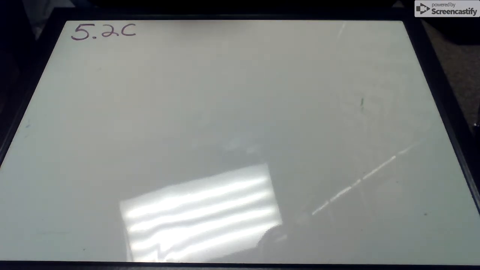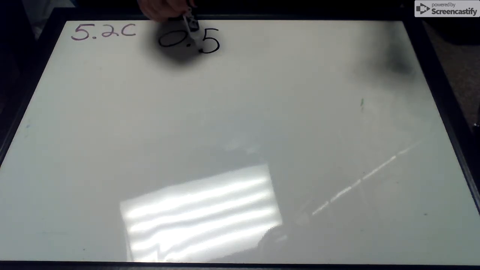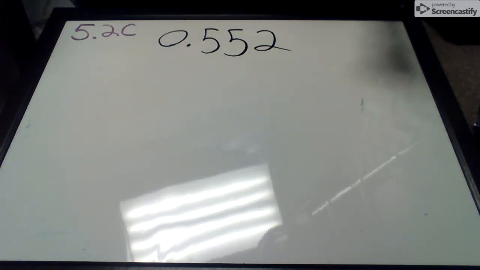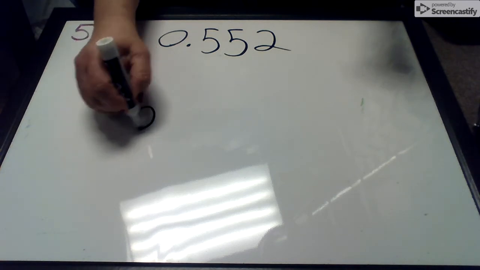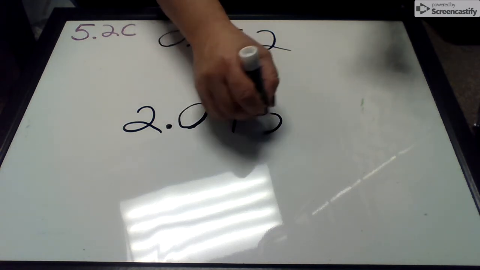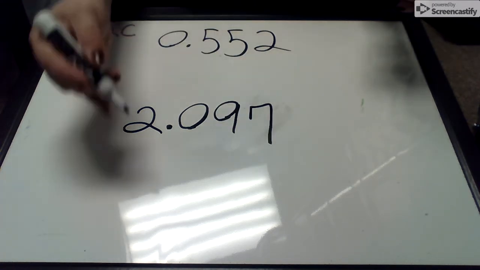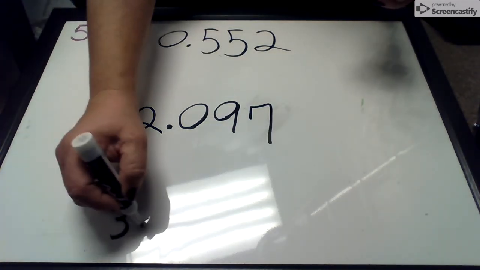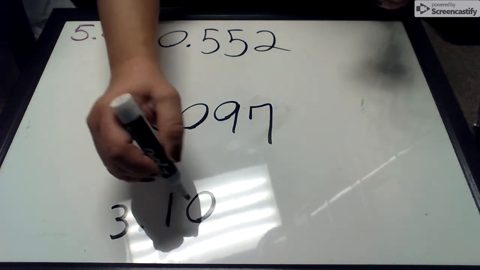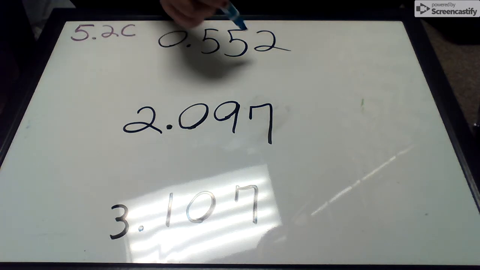Now we're going to round to the nearest hundredths. All right, so I'm going to do a few different numbers. Let's do 0 and 552. That's one number. If I did 2 and another number, and if I did 3, all right, and we're rounding to the nearest, sorry, hundredths.